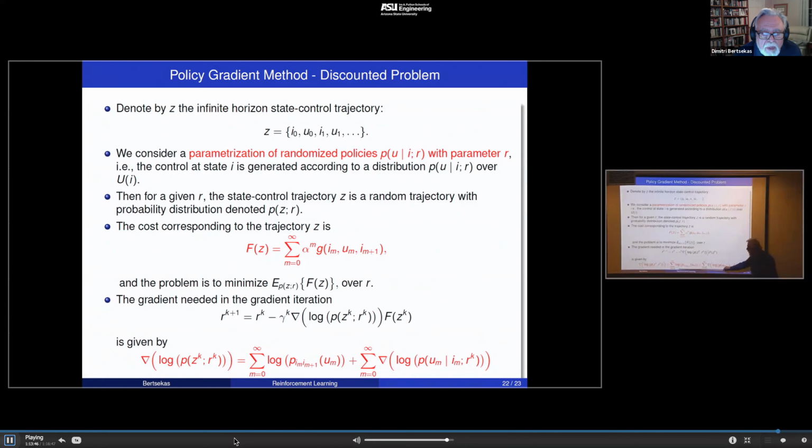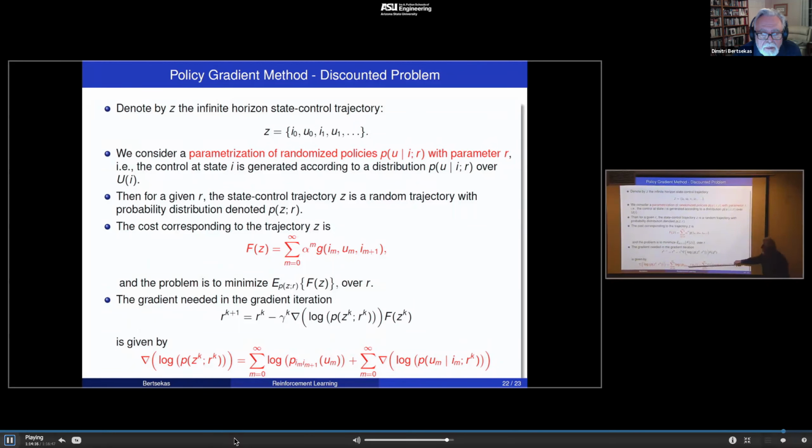But this involves the logarithm of the transition probabilities along the trajectory, the current trajectory that I generate. This is the logarithm of the randomized control. And we take the gradient of that at the current point Rk along the trajectory. So generate trajectory.